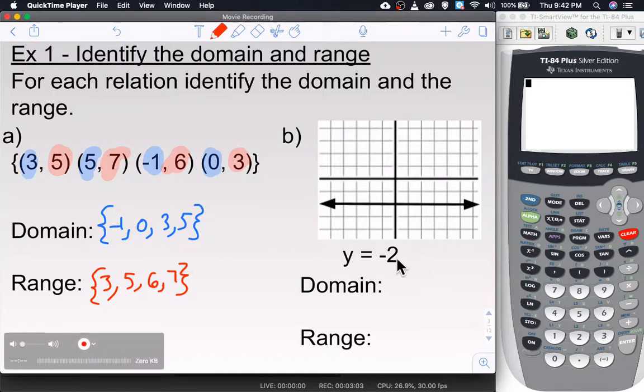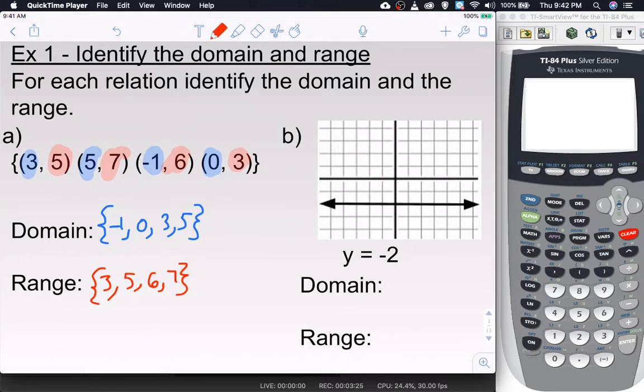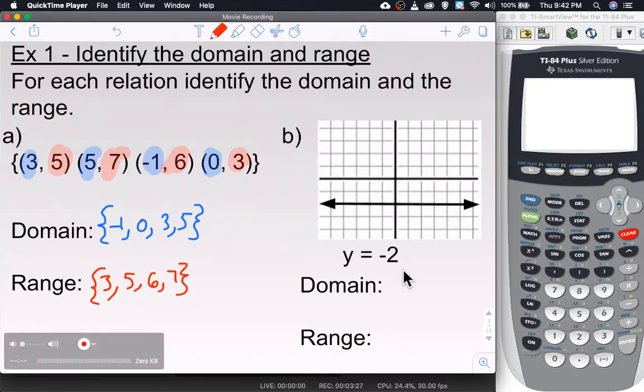Letter B. We are given this graph and it comes along with its equation. So this is the graph of y equals -2. And we want to identify the domain and the range. So this is a little bit harder because we're not just given set numbers to plug in. Here, the domain is all possible inputs of this function. So think about it, what x values are allowed here? Can I have an x value of 0? Yeah, this exists when x is 0.